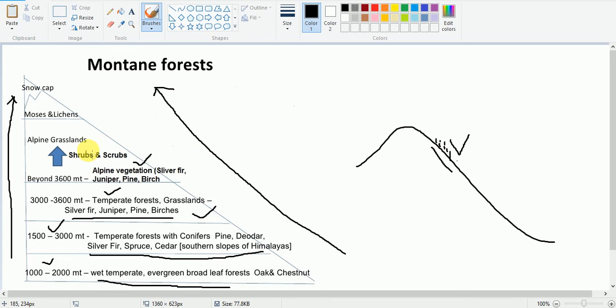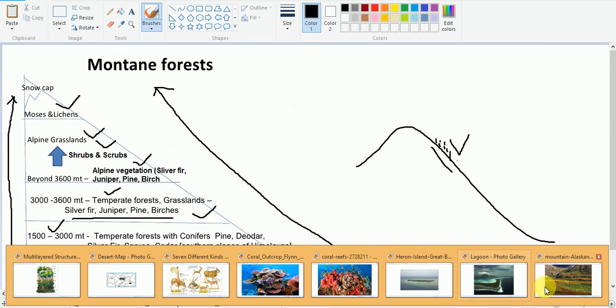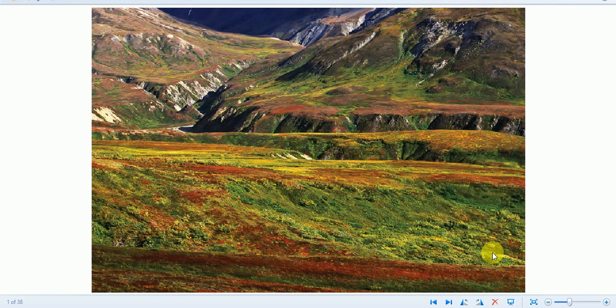Okay, and above this alpine vegetation, you will find scrubs and shrubs, and beyond it, you will find alpine grassland. Okay, and just above the alpine grassland, you will find tundra vegetation, that is mosses and lichens. And see, this is a photograph showing this tundra vegetation, and here you will find mainly lichens and mosses.